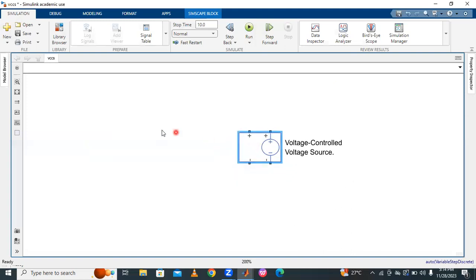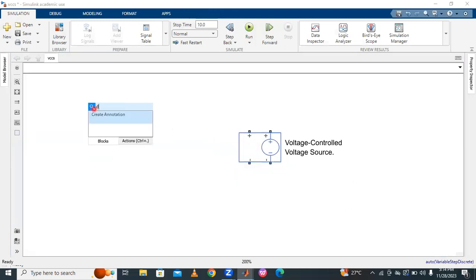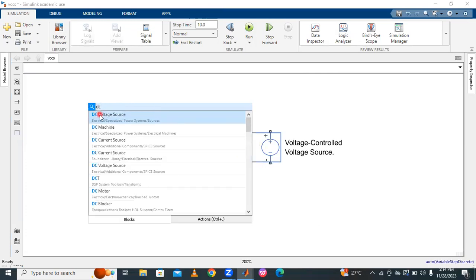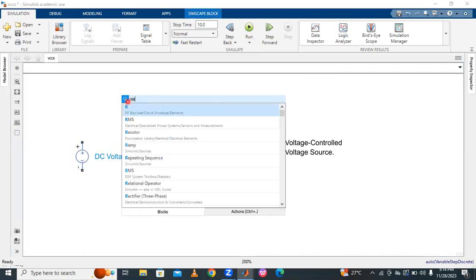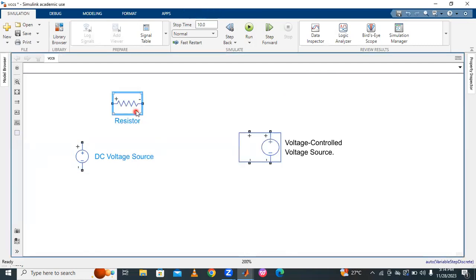Similarly, take one DC current source or DC voltage source, whatever it may be. This is called a DC voltage source, and take one resistor. Press and use the controller, and it will rotate like this.